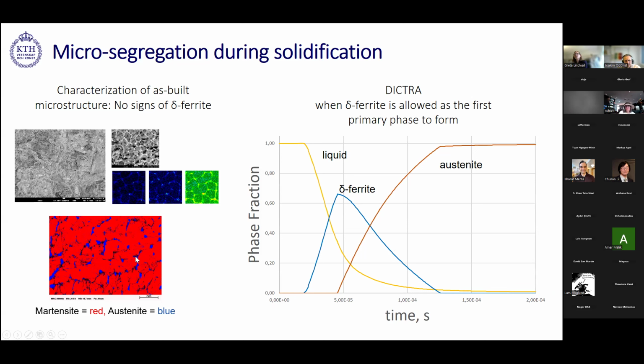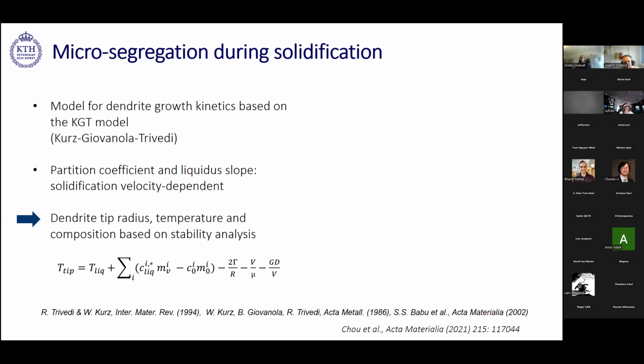So we cannot, from just post-characterization, say whether we had delta ferrite present during the processing or not. For that reason, we looked into solidification models, or models for dendrite growth kinetics, so the KGT model, to see if that could help us understand the solidification path during processing of this steel.